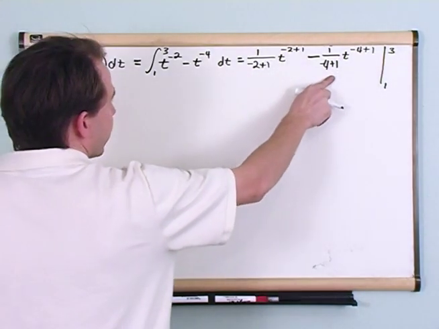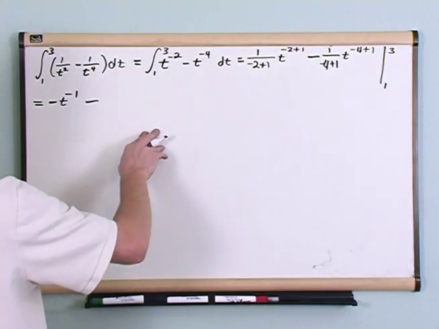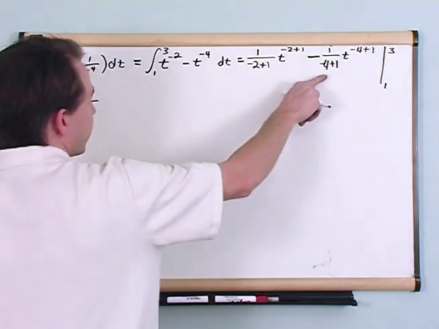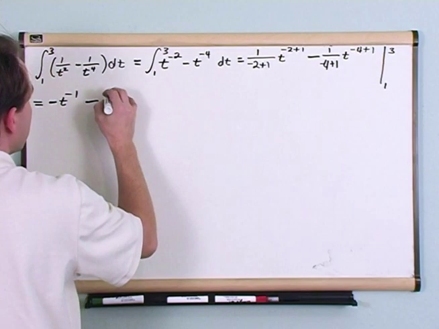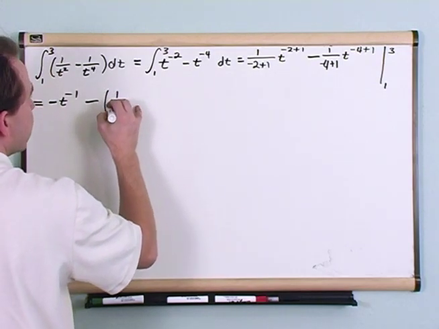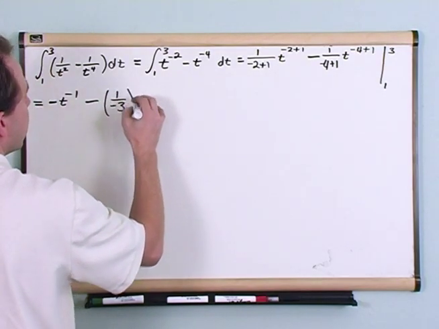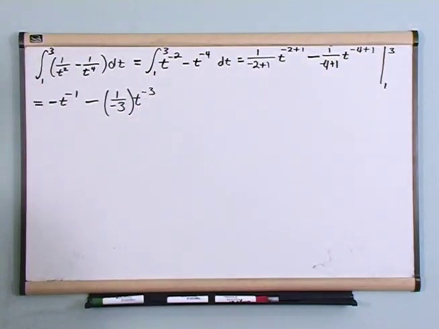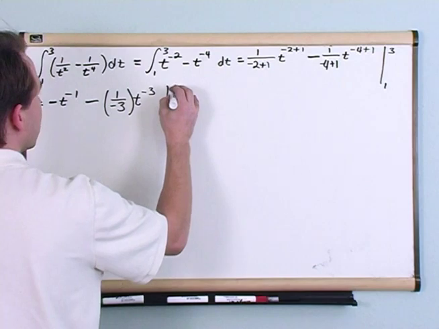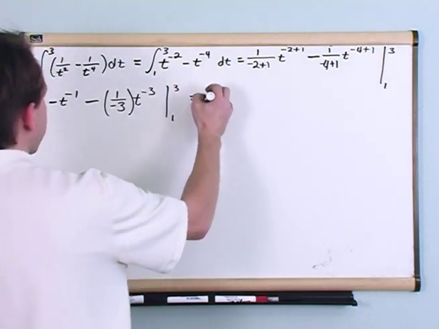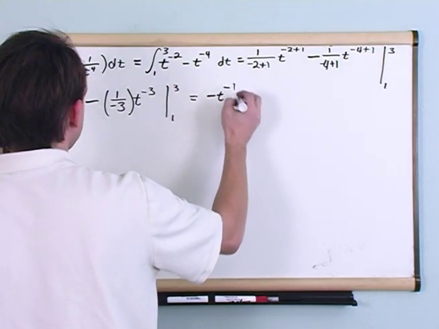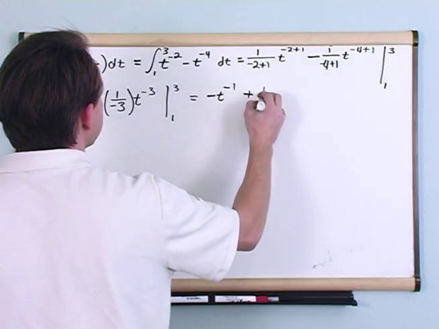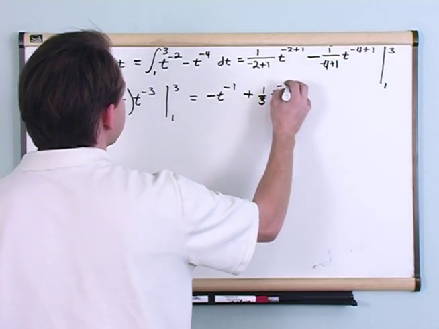And then for the second term, it's going to be minus 1 over negative 3 t to the negative 3. So you have to be real careful to keep your signs right, to make sure that you get it right. So you're going to have negative t to the minus 1 plus 1/3 t to the minus 3.